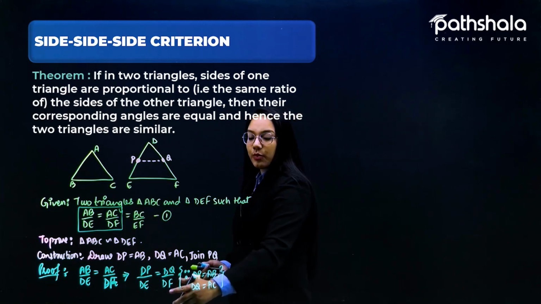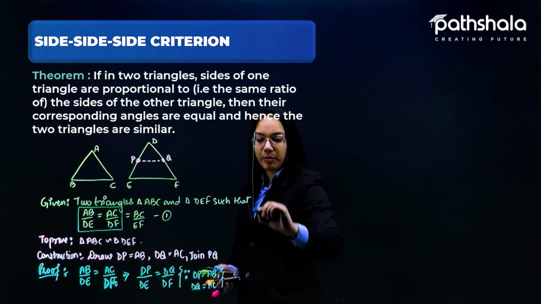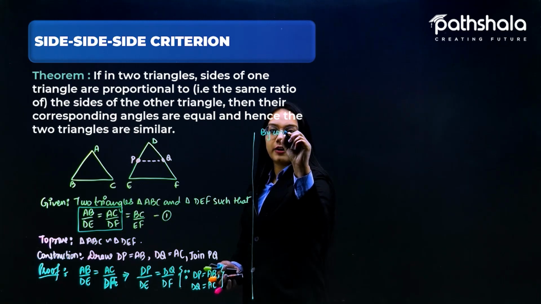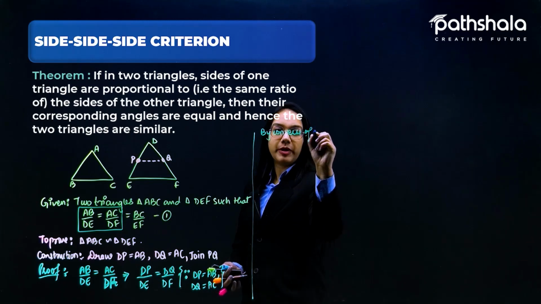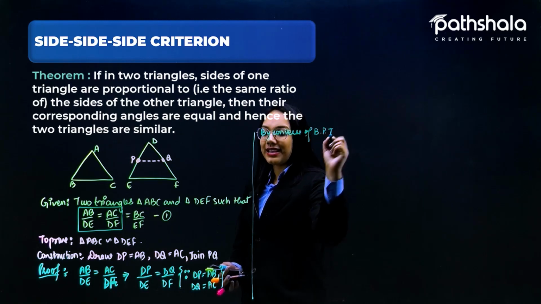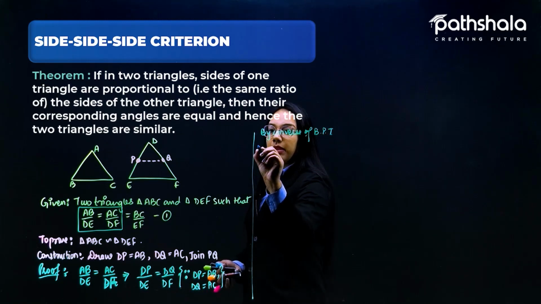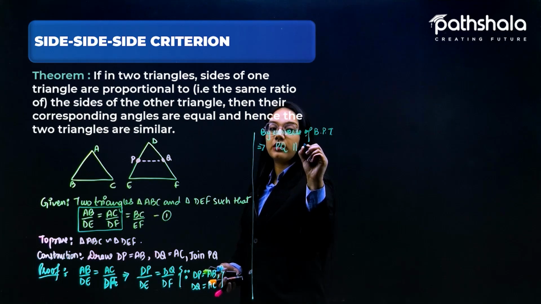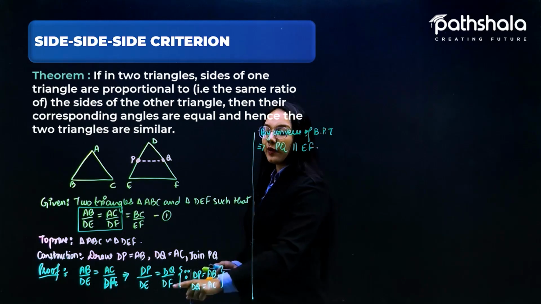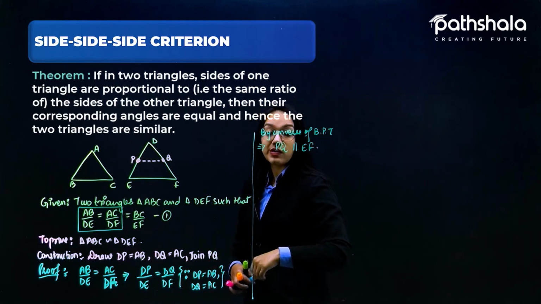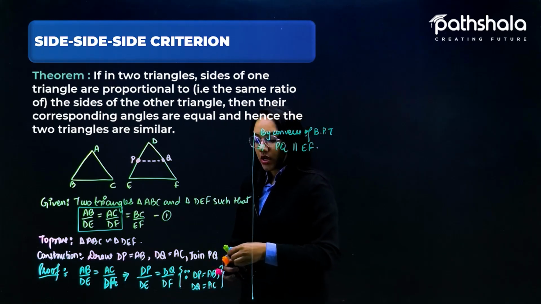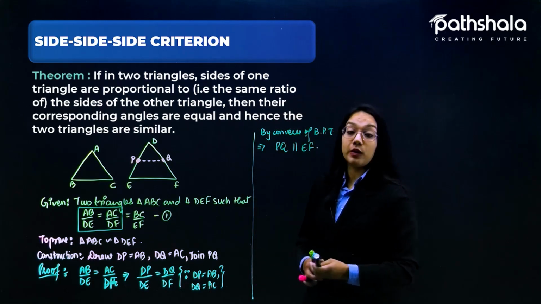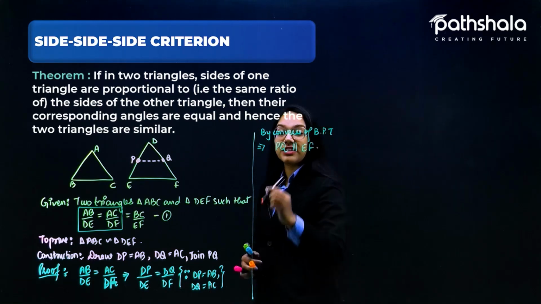So by the converse of BPT, we can say that PQ is parallel to EF. From this statement we can say that if the ratios are proportional to each other, then the sides are parallel, meaning PQ is parallel to EF by the converse of BPT.